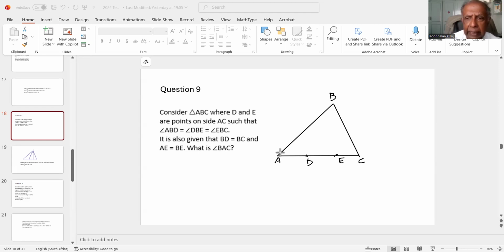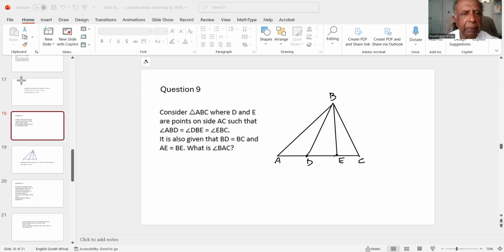Angle ABD, all right, so this angle here is equal to DBE. So let's draw that. And that's EBC. So these three angles are all divided up into three equal parts.